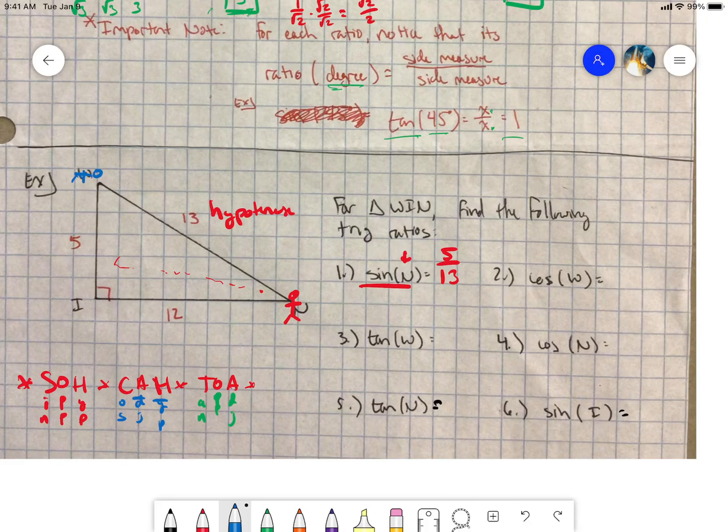It's 5. And what is the hypotenuse? It's 13. So cosine of W is also 5/13.